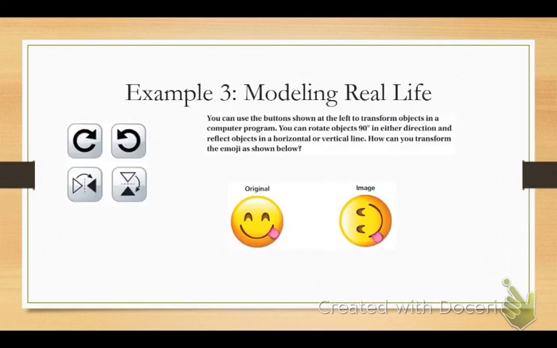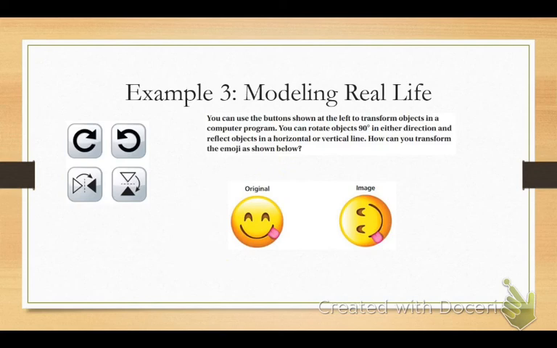Okay, last one. It took me a minute to understand exactly what it's saying here. These are the buttons that you can push. You can push one of these 4 buttons, literally pushing it to turn the original figure into the image.